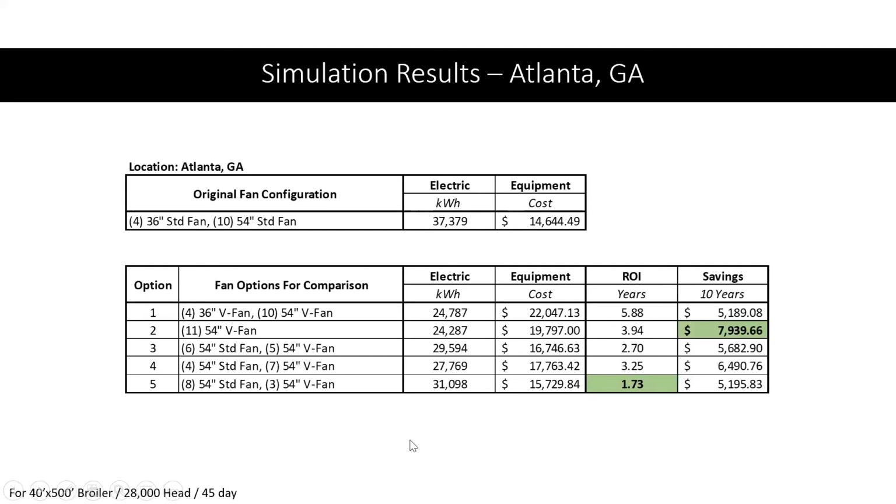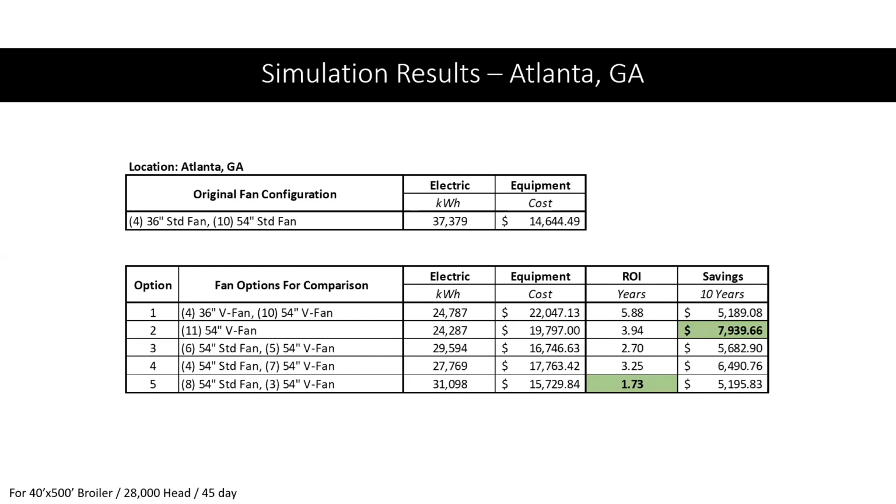But as we go to a hotter climate is where we have a decision to make. You would expect option 5 still to have the best ROI just because the equipment cost is the least. But now you have a decision to make because the greatest 10-year savings is no longer option 5, but the greatest savings is option 2 with 11 V fans.